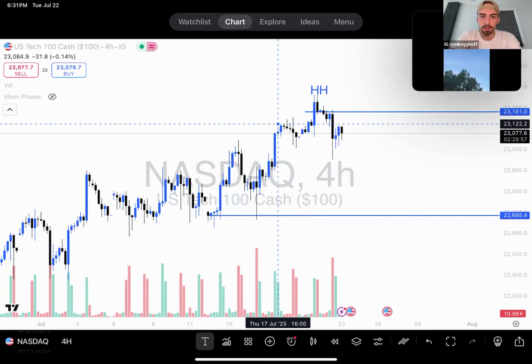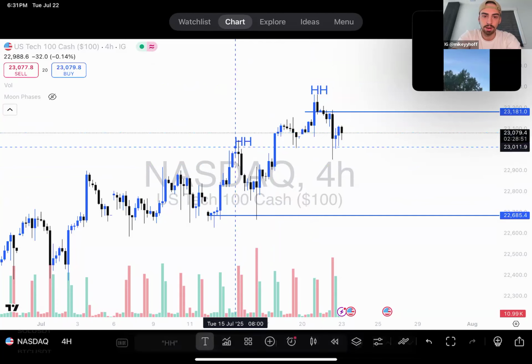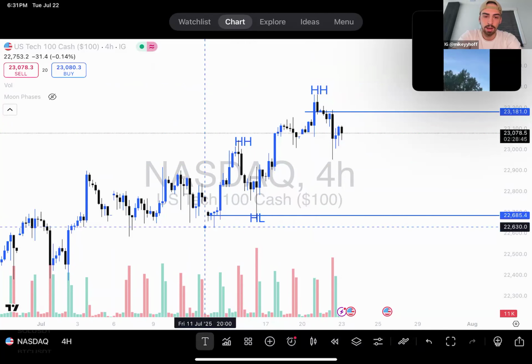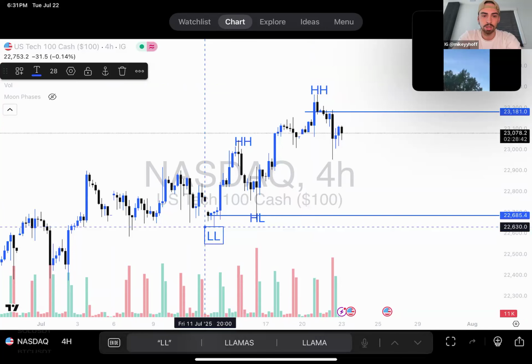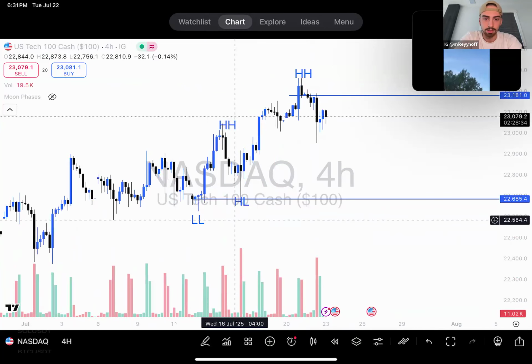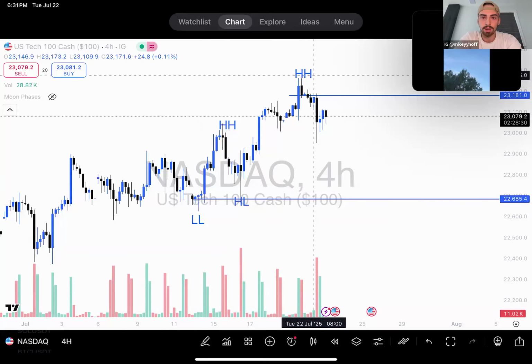Then we can see that most recent to price, we also have a higher high right here, followed by a higher low, and then our lower low, which was the lowest point that the market reacted out of before giving us those three other areas, right? So we have our low point, higher low, higher high.